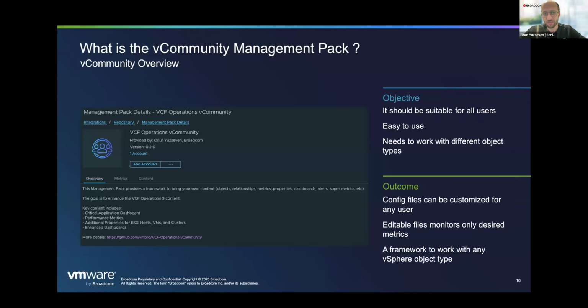This management pack should be suitable for all users. It should be easy to use, and we needed to work with different object types in a vSphere environment. So today, with the configuration files, it can be customized by any user. You can edit your configuration files with the desired metrics that you want to see. With that, we actually have a framework that can work with any vSphere object type.